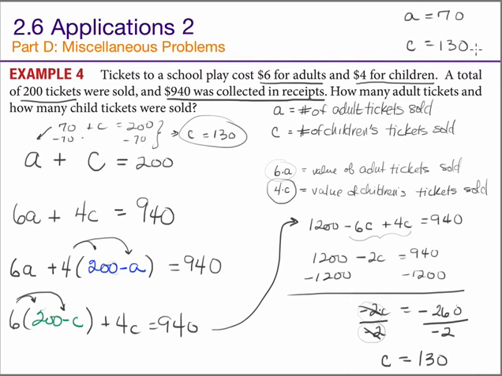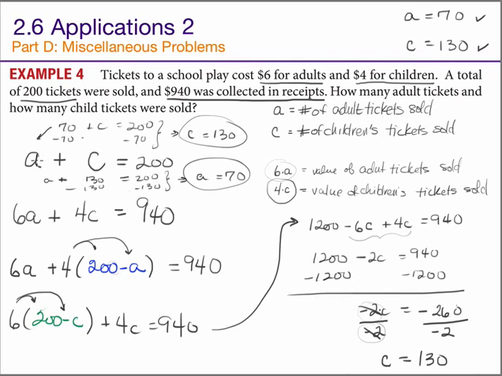That matches what I got the other way I did the problem. Substituting C equals 130 into this equation gives me A plus 130 equals 200. And subtracting 130 from both sides gives me A equals 70. And that matches what I got the last time as well.